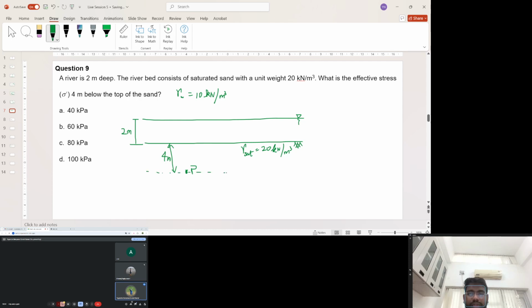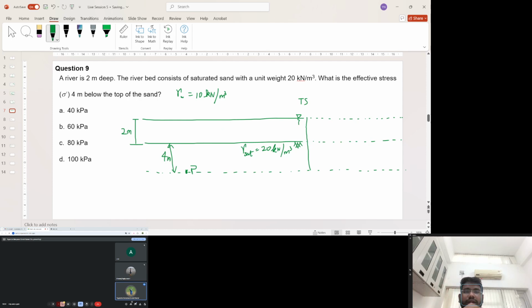Always in the initial practice, when you are newly exposed to this subject, try to compute in terms of figures. So you draw the profile. This is the reference. Now at point 0, first we can draw the total stress.